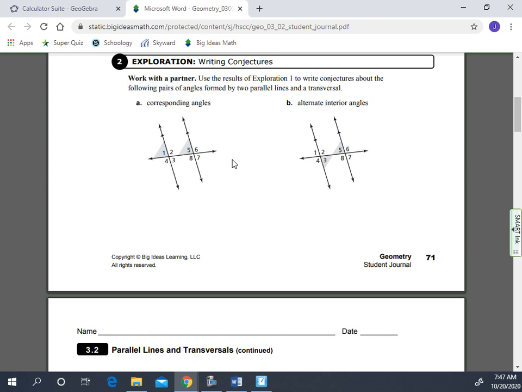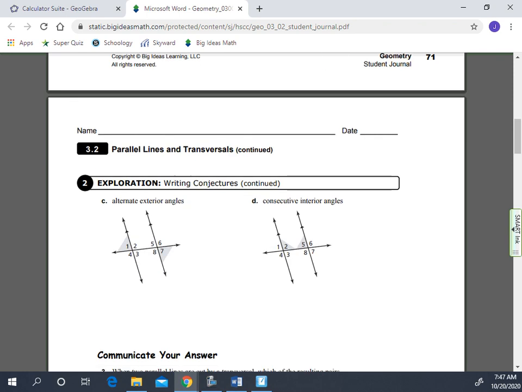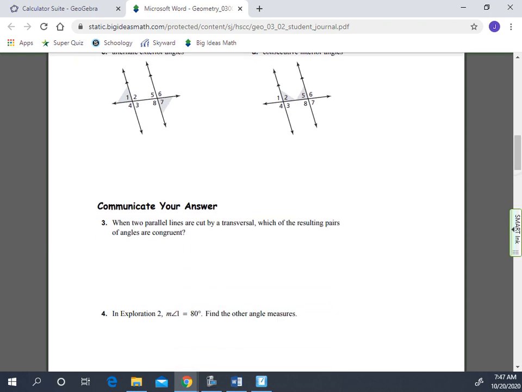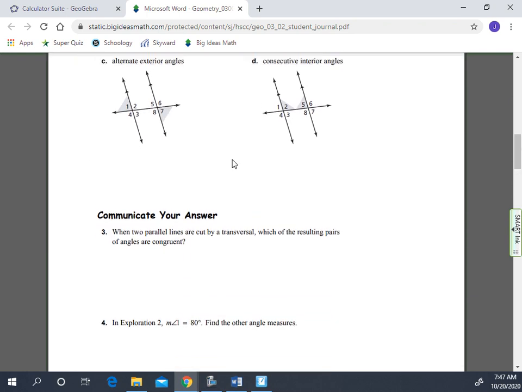Okay, you can write a conjecture about the following pairs of angles. I kind of did that by finding the angle measures. We know that corresponding angles are always going to be congruent when we have two parallel lines cut by a transversal. Alternate interior angles are going to be equal. Alternate exterior, consecutive interior. Consecutive interior actually will not be equal.